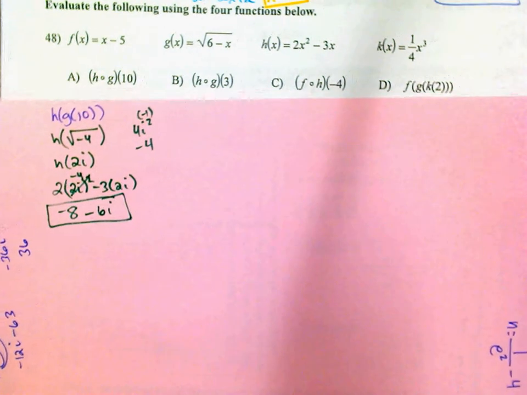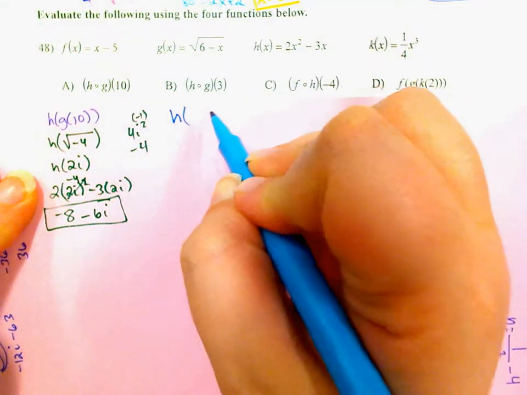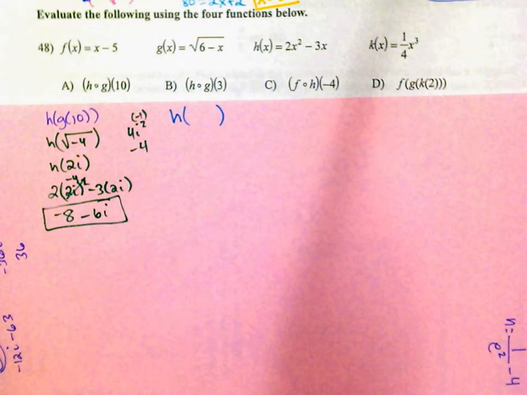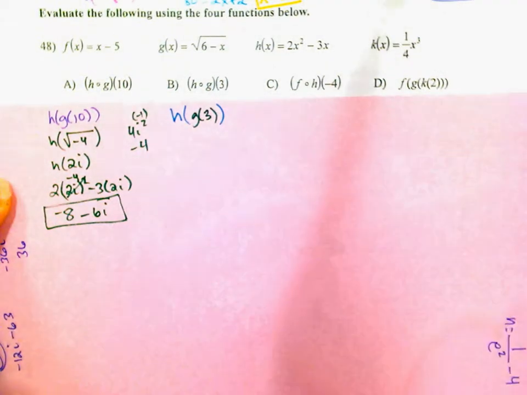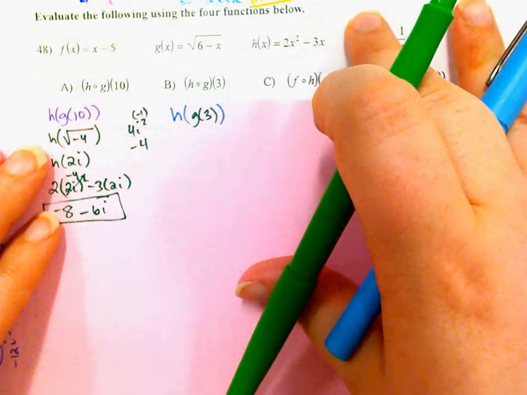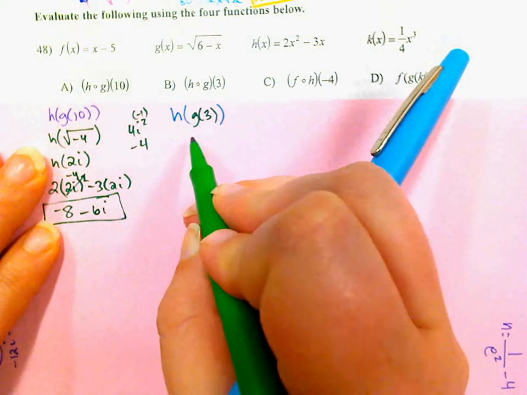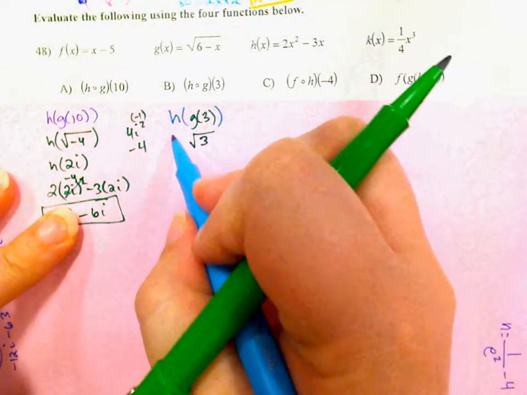Alright, let's do h of g of 3. So, h of g of 3. What do I evaluate first? G of 3. What is the square root of 6 minus 3? Square root of 3. And now I want to find h of the square root of 3, right?